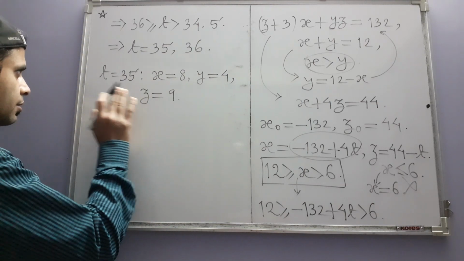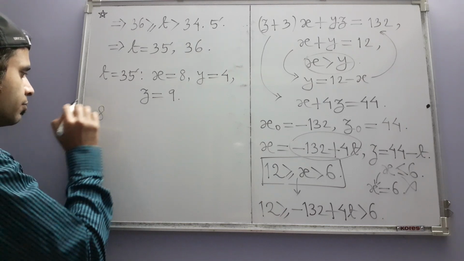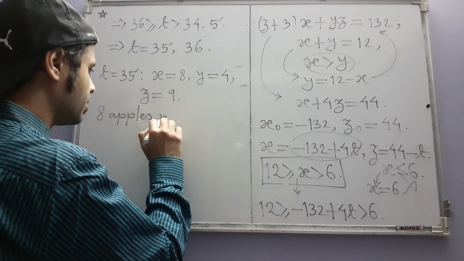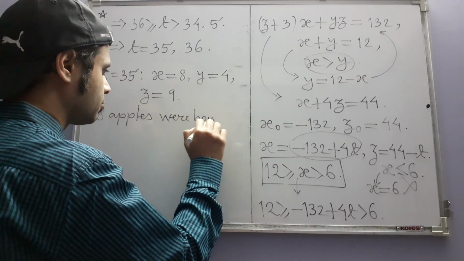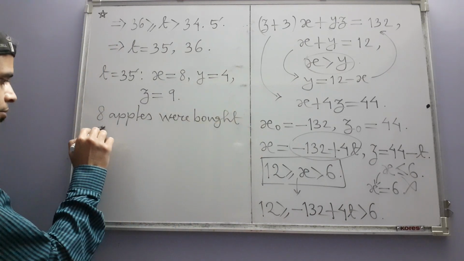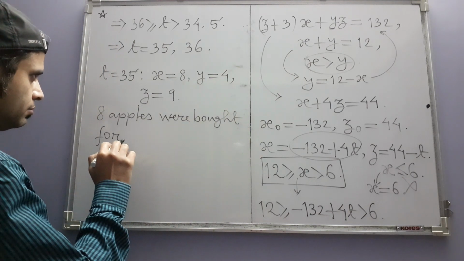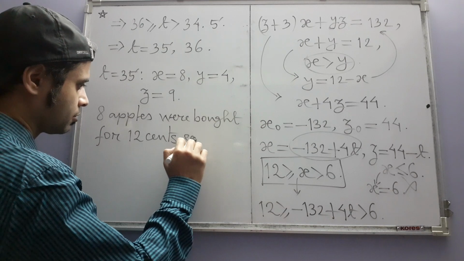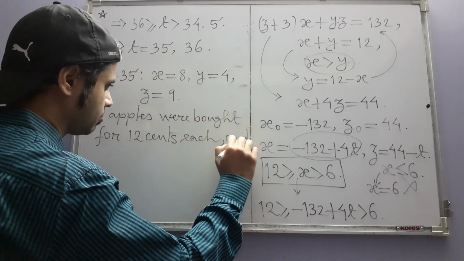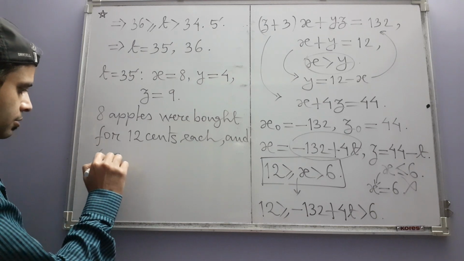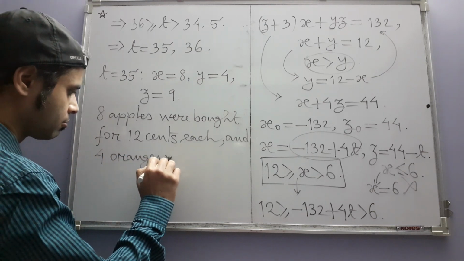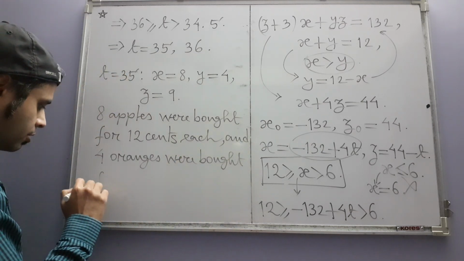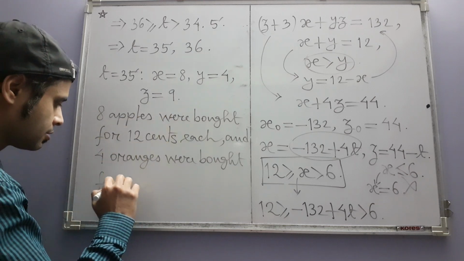That means if this is the case, then 8 apples were bought for 12 cents each, and 4 oranges were bought for 9 cents each.